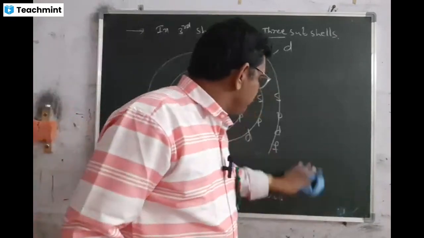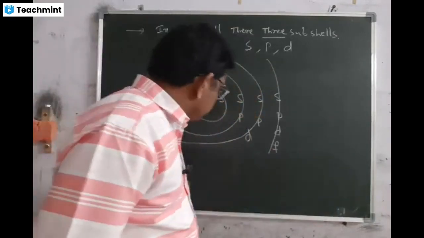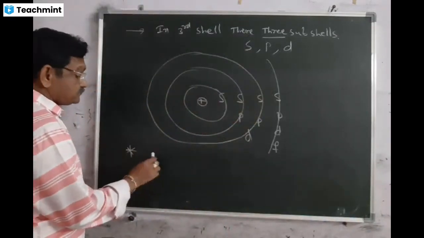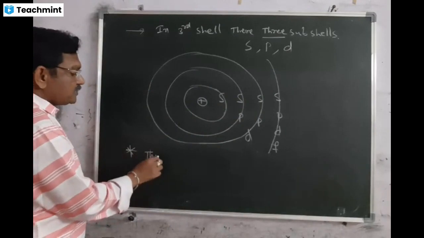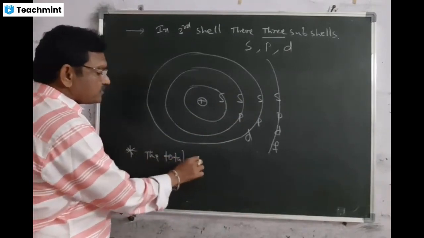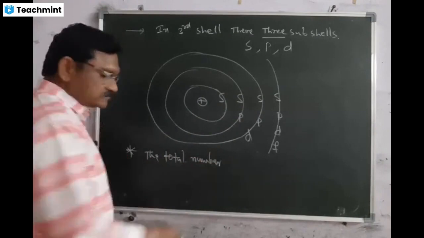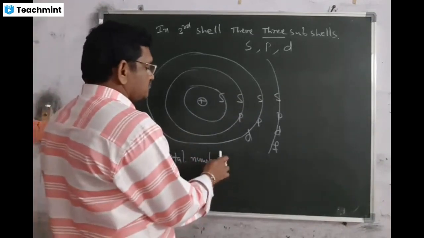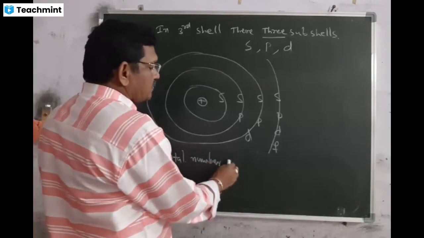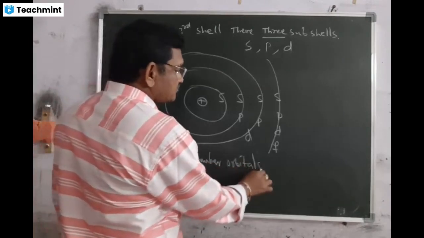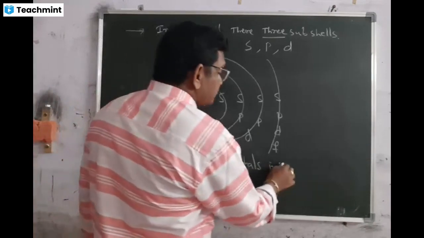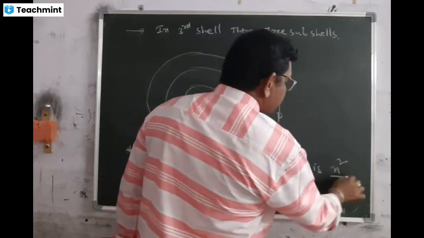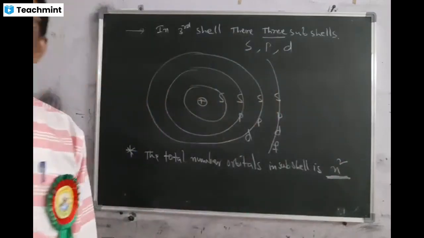Then another important formula, you note it down and read it a number of times. The total number of orbitals in a subshell, the formula is n square.